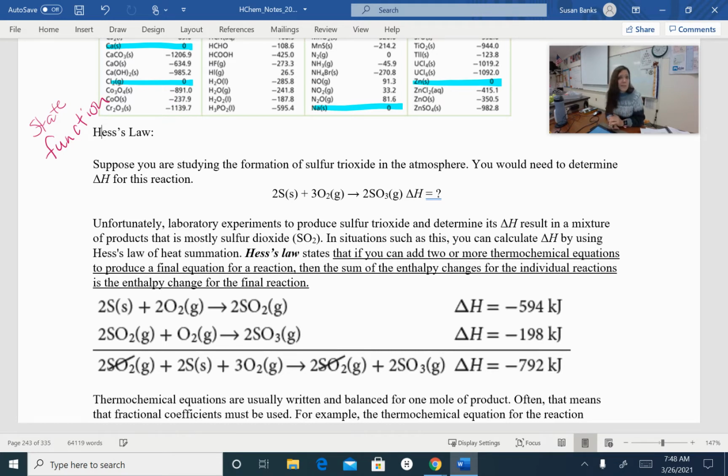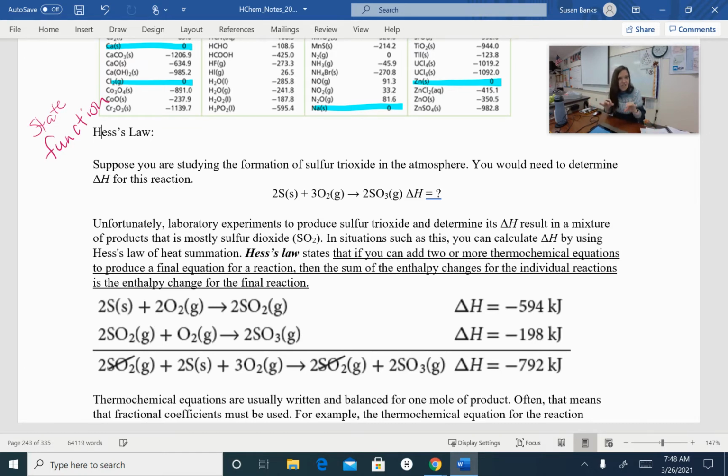Or I could be really fancy and rent a helicopter and have somebody fly me up over the Wasatch Mountains from Murray to Park City and get to Park City that way. Now, regardless of how I got to Park City from Murray, that elevation change would be the same. It doesn't matter which pathway I took.